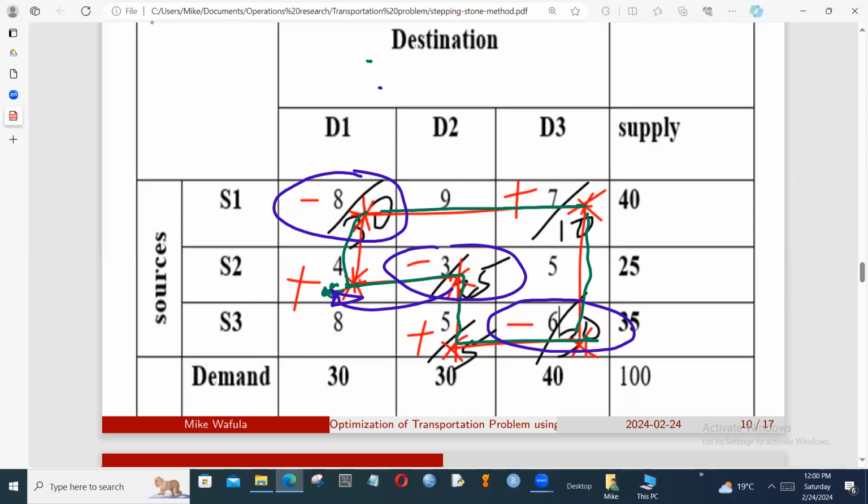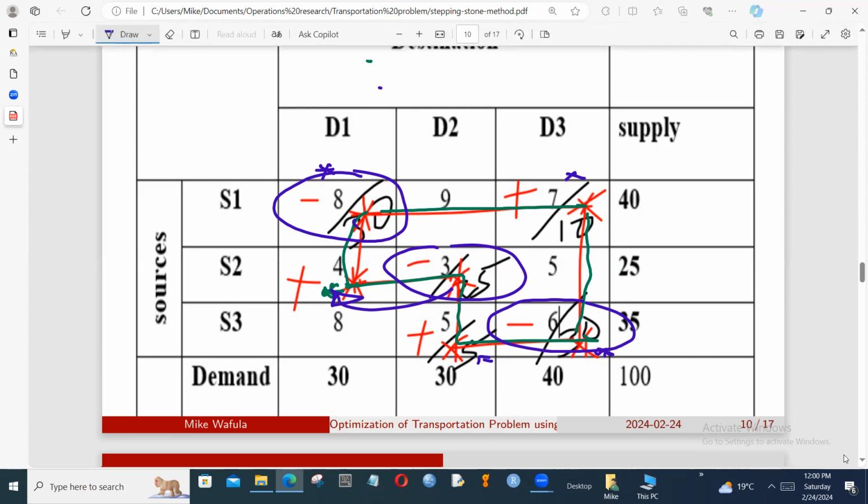Any cell with a positive sign, we are going to add these 25 units that we have moved. And any cell with a negative sign, we are going to subtract the same amount. So this has a negative sign, we minus 25 from 30 to be 5. This one also, minus 25 from 30 to 5. Then this one with a positive will now be 10 plus that 25 that we are moving to 2-1. Then this 5 again plus 25.